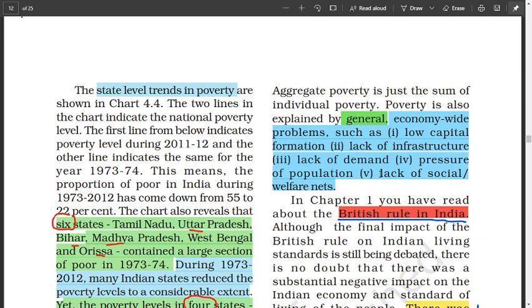So because of the mismatch between capital formation and population, the problem increases. In general, this is why we find the problem of poverty in India very alarming, even till now, isn't it?